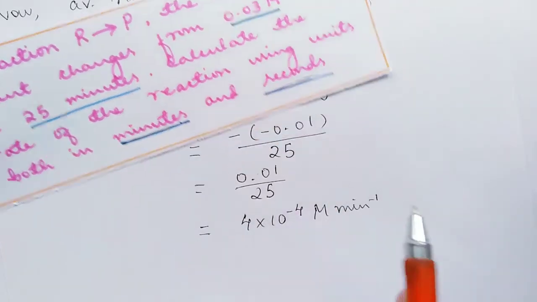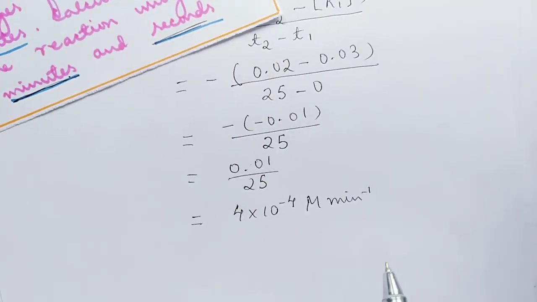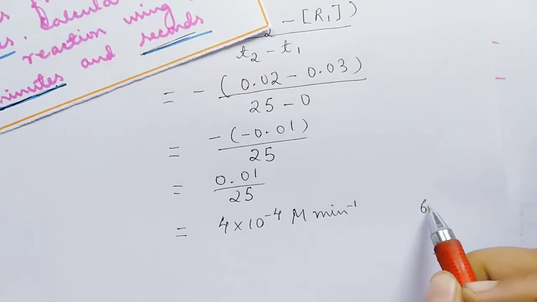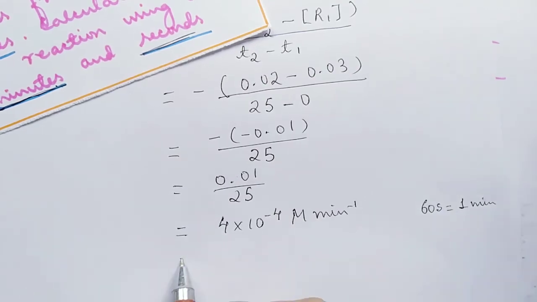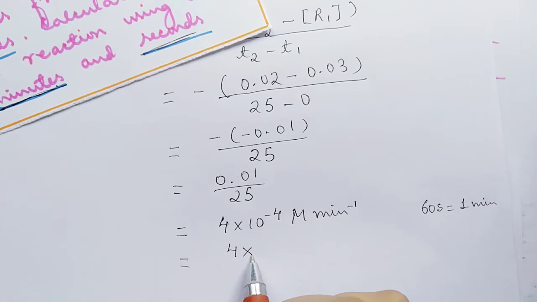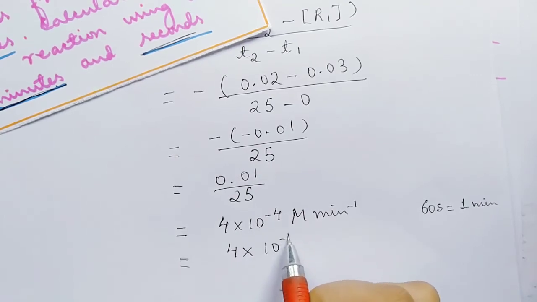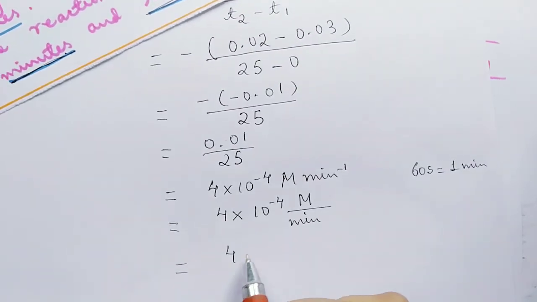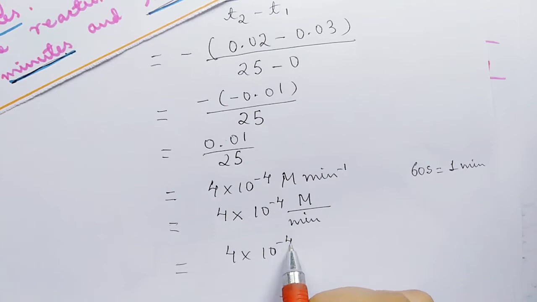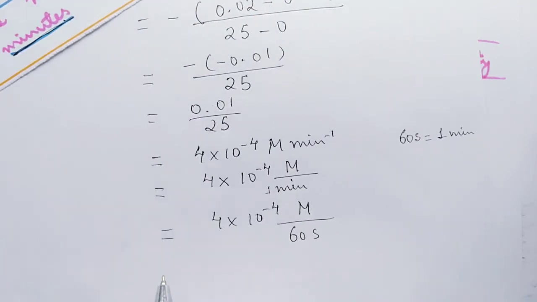Now see, the question wants us to find both in minutes and seconds. So now we convert minute into seconds. We know that 60 seconds make 1 minute. So from here we have 4 into 10 to the power minus 4 molar by minute. See here, in place of 1 minute I have 60 seconds.